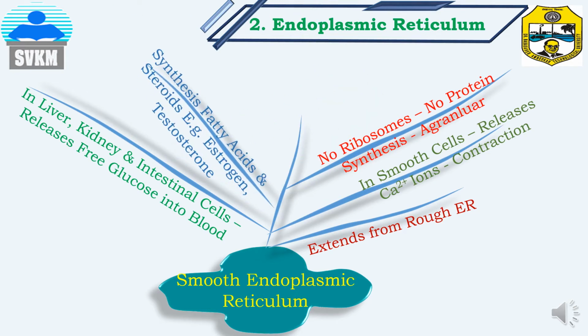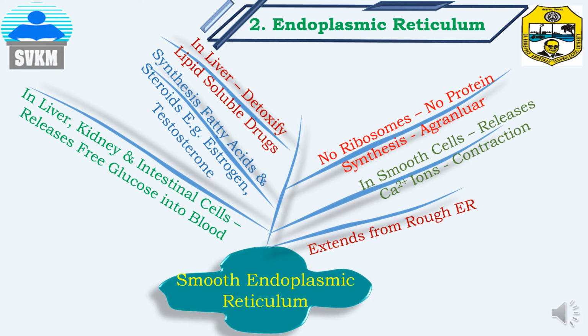Next point, the smooth endoplasmic reticulum plays an important role in the synthesis of fatty acids and steroids, for example estrogen and testosterone. More importantly, the smooth endoplasmic reticulum present in liver cells plays an important role in the detoxification of lipid soluble drugs or harmful substances, for example alcohol, pesticides, or carcinogens.